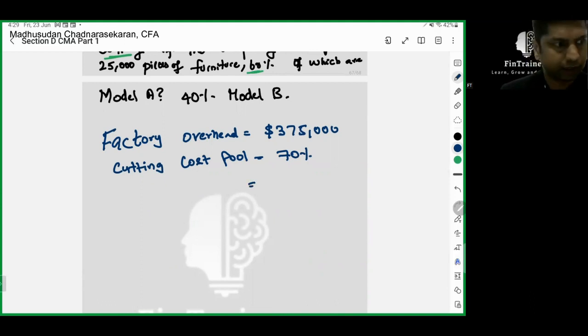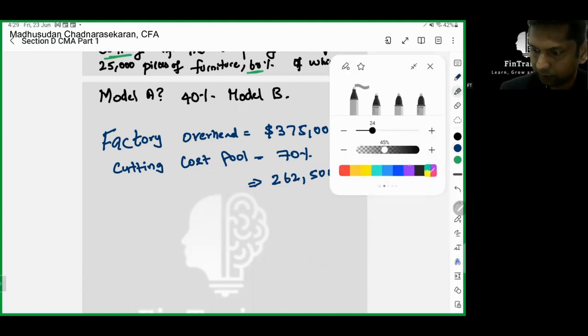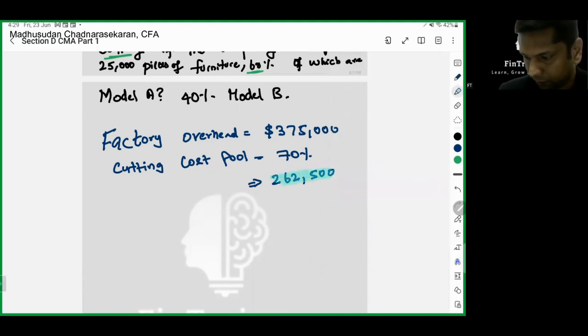If we do that math very quickly, we are going to be getting 262,500. Hopefully that's correct. So this is the cost for all of cutting. Now we need to know the cost per cut. This is for the entire cutting operation.